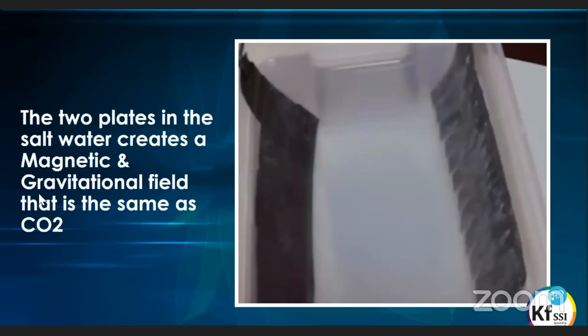So what we've created is the same as the leaf, with two plates within the salt water, and this creates the magnetical and gravitational field that is the same as the CO2 to attract.